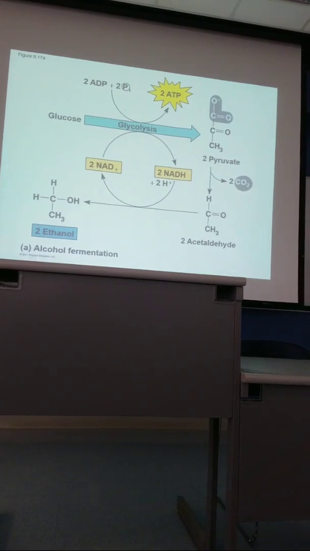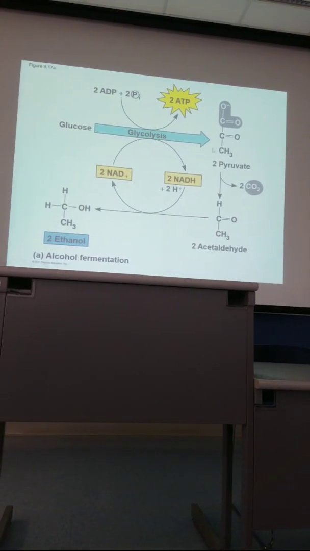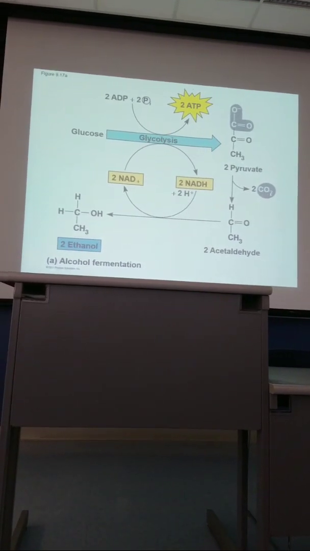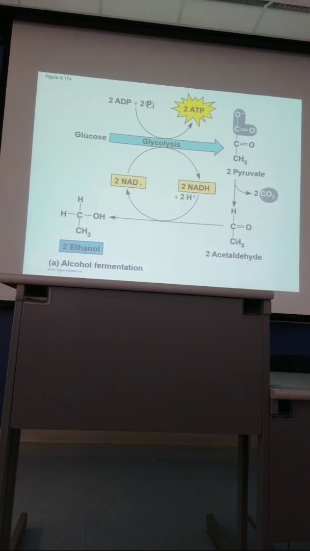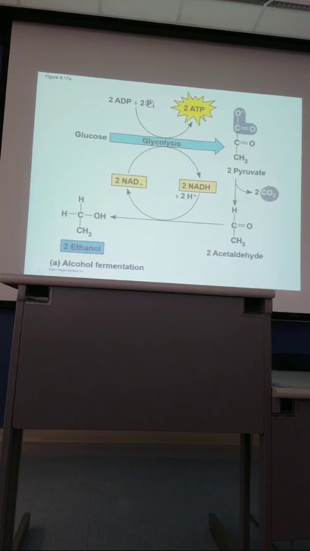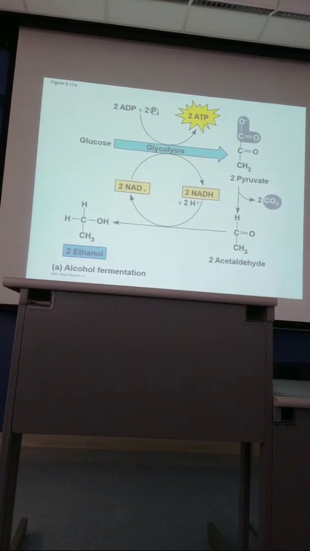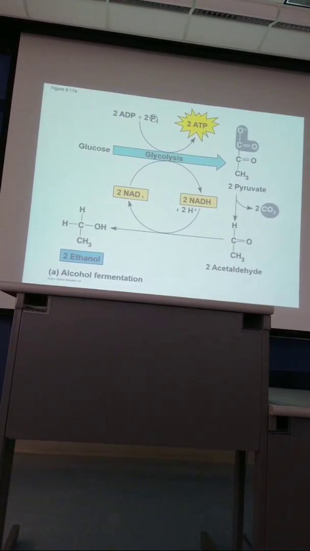This shows the process. You don't have to remember that. Notice up here, pyruvate gives off this carbon dioxide, and we make a little molecule similar to the acetyl group, but we've added a hydrogen to it.